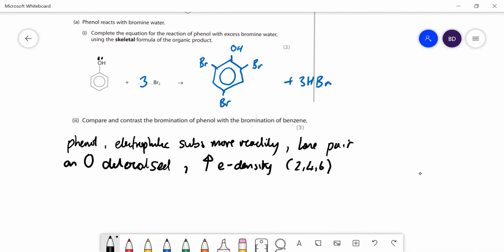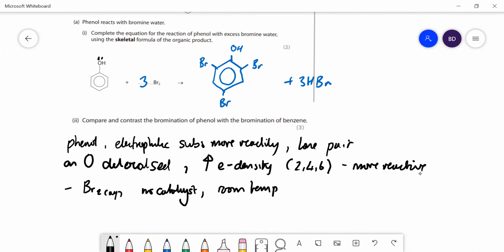That's why it always goes there. So that means phenol is more reactive. So it reacts more readily in electrophilic substitution reactions. That means with phenol, you can use bromine water and no catalyst is needed. And you don't need to heat it, room temperature.